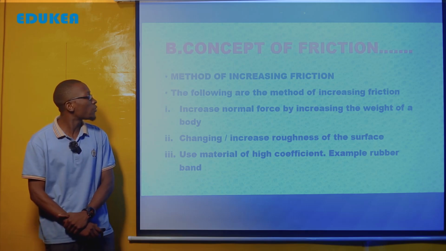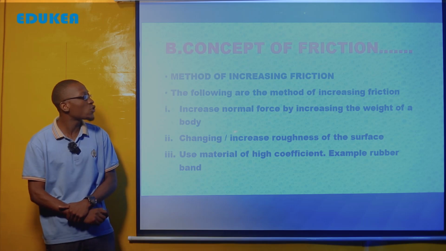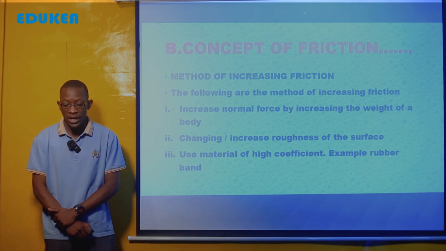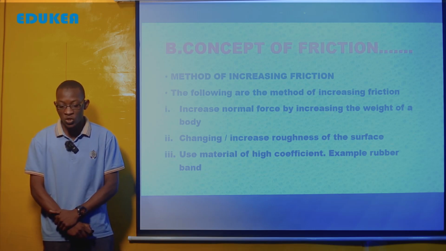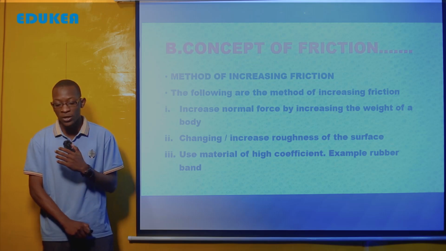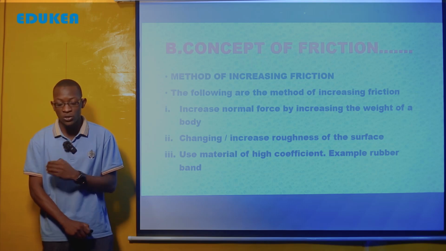The following are the methods of increasing friction. The first one: increase the normal force by increasing the weight of the body. In order for us to increase the frictional force, we are required to increase the normal force. So ili sisi tuweze kuongeza frictional force, tunahitajika kuongeza the weight of the body.